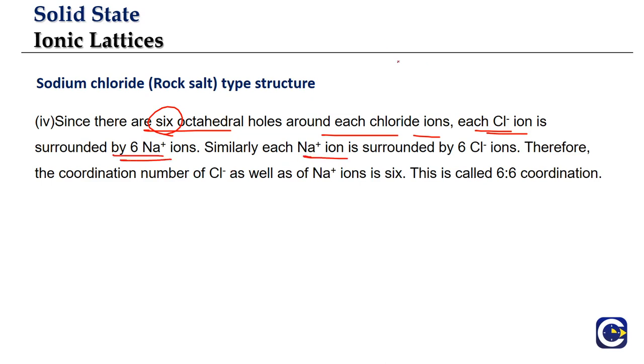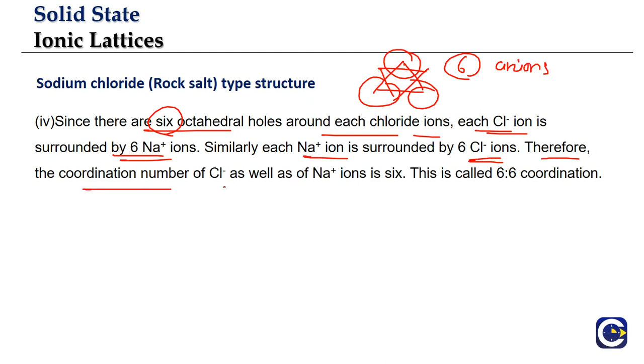Similarly, the concept of octahedral void itself, how the octahedral void comes? If you have a triangular arrangement of anions and another inverted triangular arrangement, totally it will be 6 anions. So if the 6 anions are surrounding the octahedral site, means the Na plus will be surrounded by 6 Cl minus ions. So therefore the coordination number will be 6.